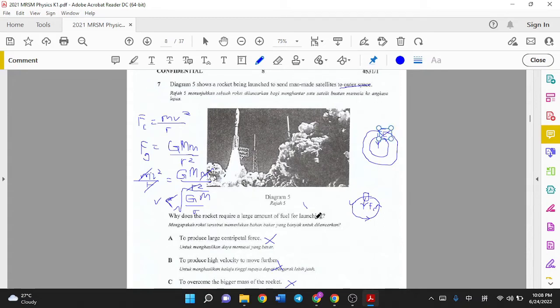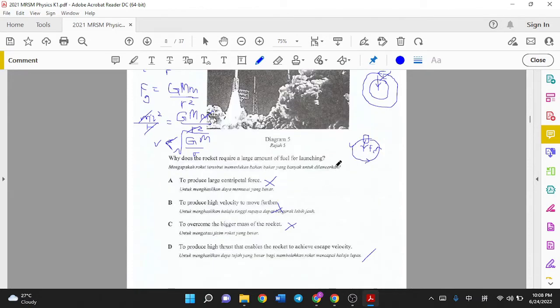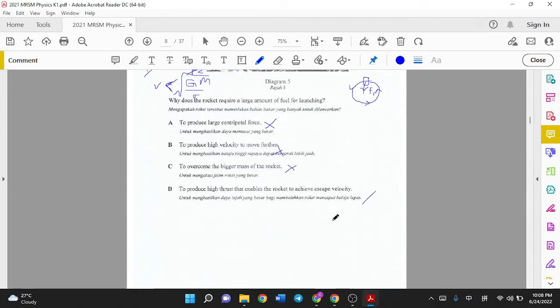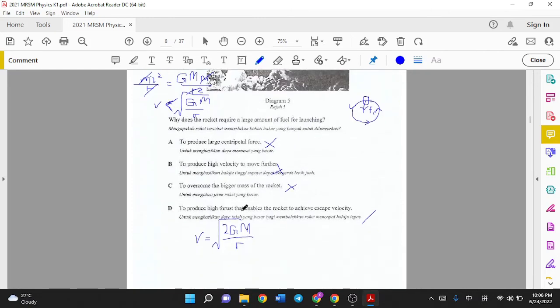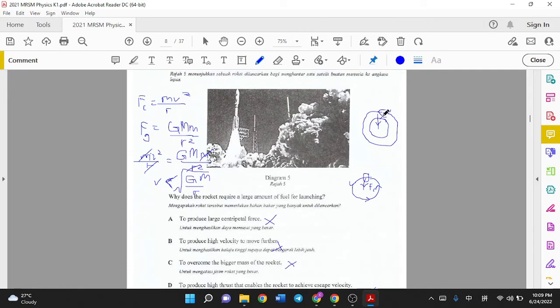We also have another type of velocity, which is our escape velocity. The equation is v equals the square root of 2GM over r. So when the velocity of the object is equal to or greater than the escape velocity, the object will move away from your Earth.